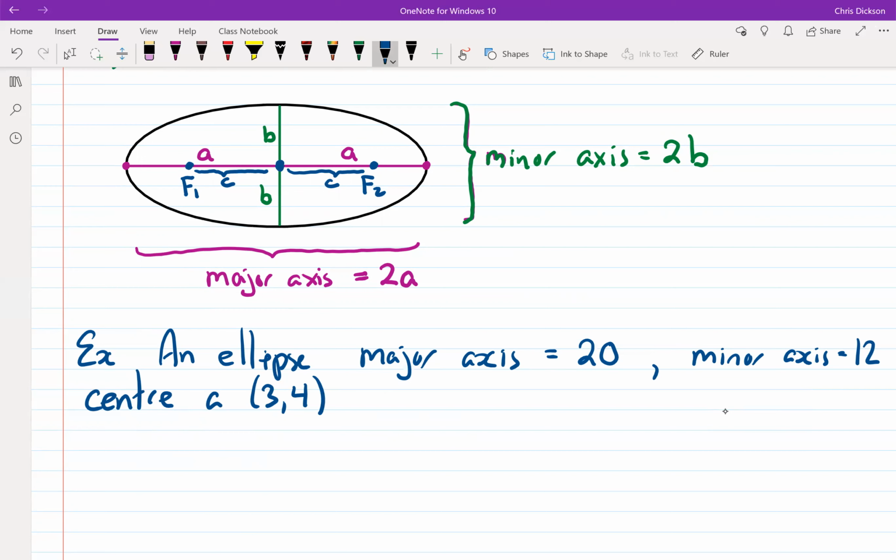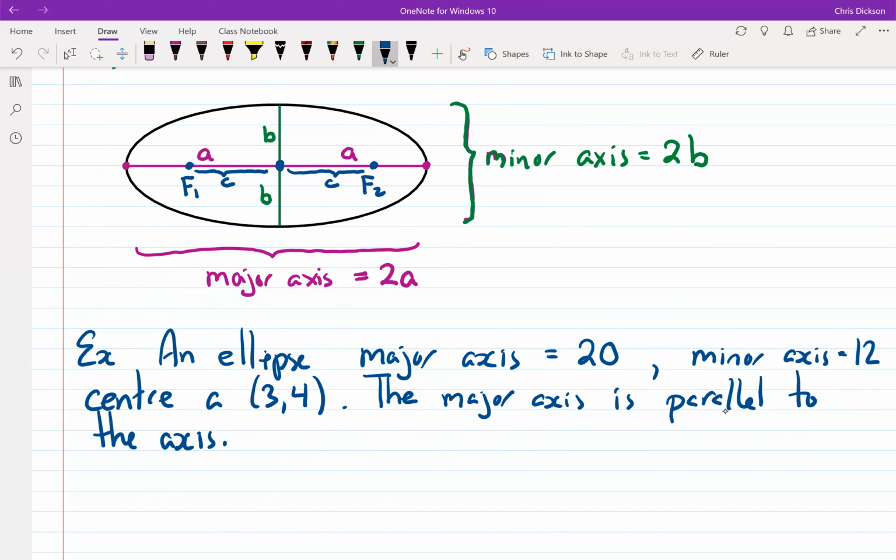And let's say you're also told that the major axis is parallel to the x-axis.